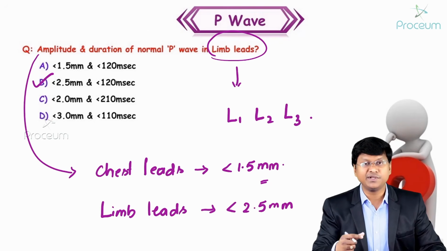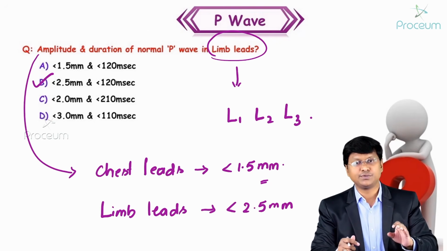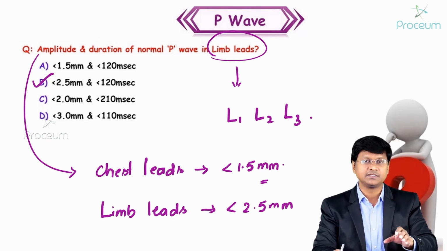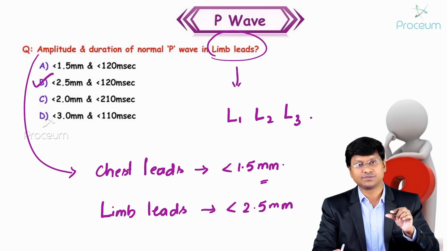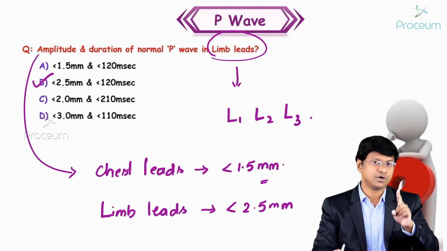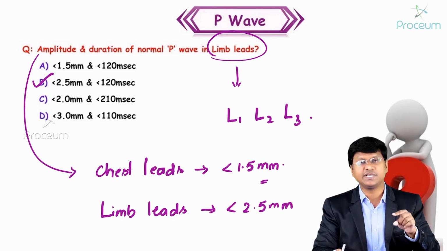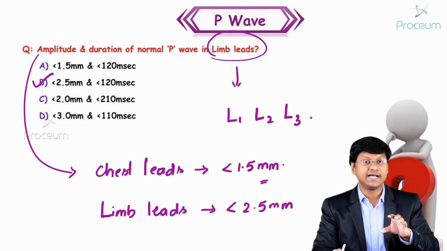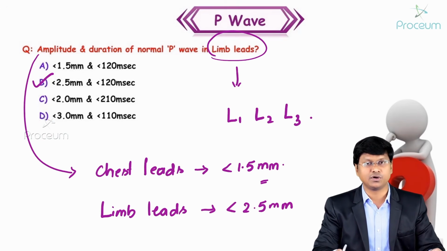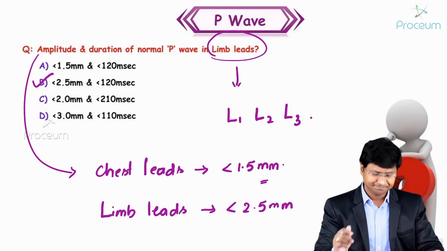Now, what do you understand by 1.5 mm and 2.5 mm? I have discussed in detail how much is equal to 1 mm on the ECG, and how much is equal to 2 mm on the ECG, in my section on ECG basics.